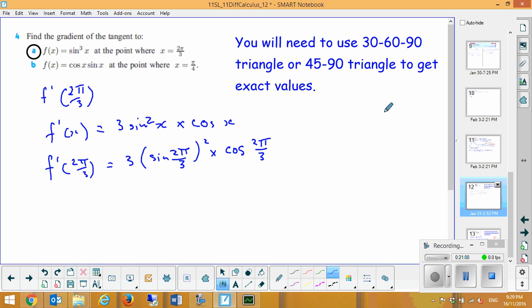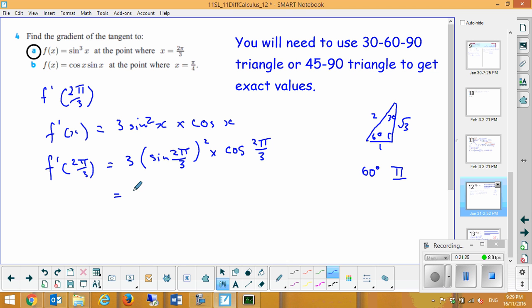So remember in this case a 60-30 triangle: 60, 30, 1, 2, root 3. Where's 2 pi on 3? That's going to be 60 degrees in the second quadrant.